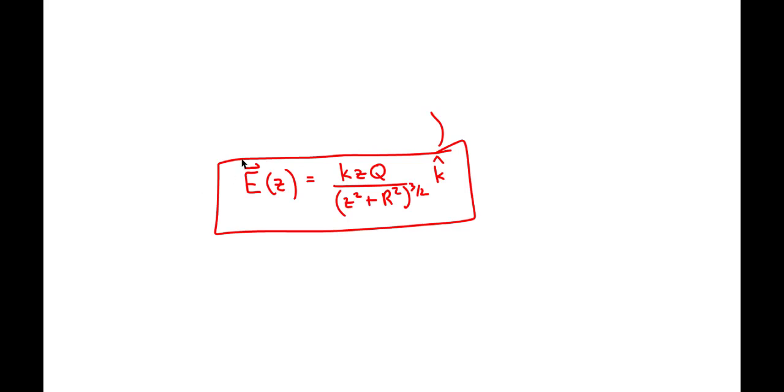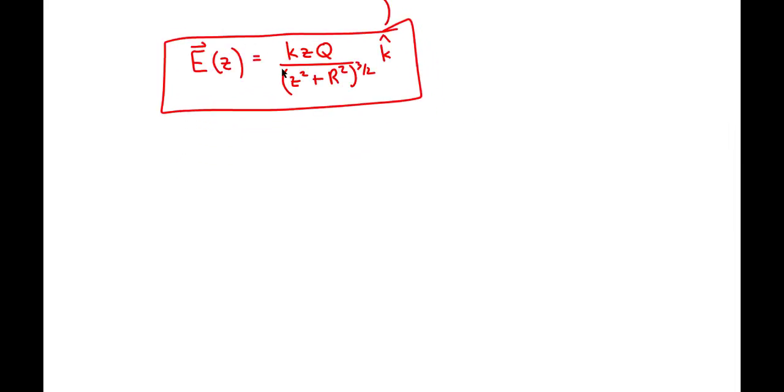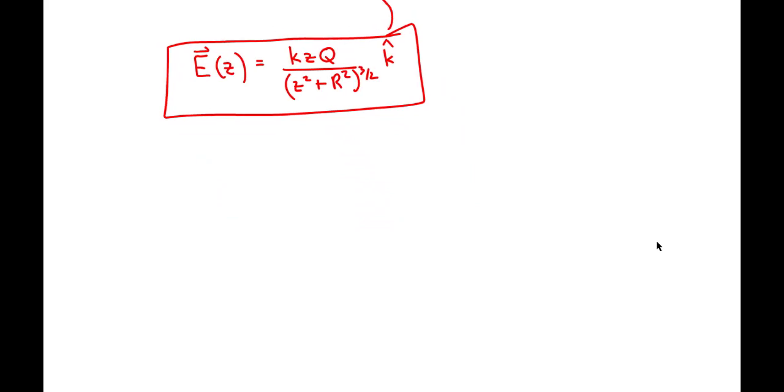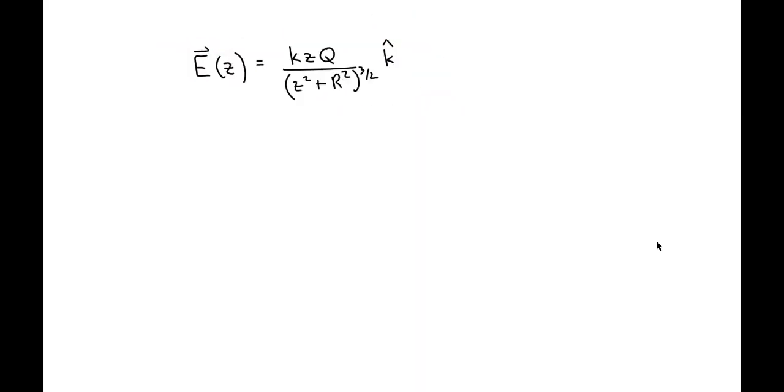Let's look at this. Here is our result. Part A says, find the value of the electric field when Z is equal to 0. So in other words, we want to find the electric field when we are looking down from the z-axis.